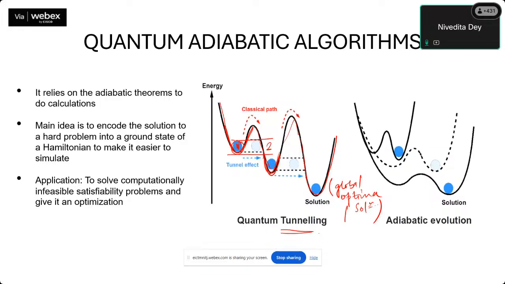So maybe the probability with which I will be here at one is 80%, but you really cannot null out that the probability that it will be in place two is also 20%. Because of the wave nature of quantum, we say as if it has tunneled through multiple states.